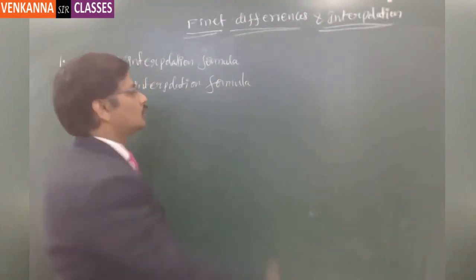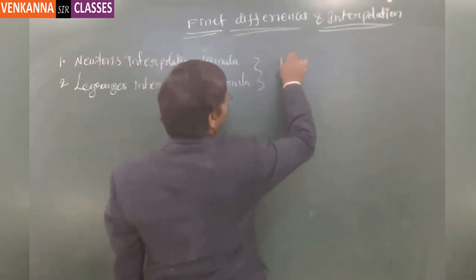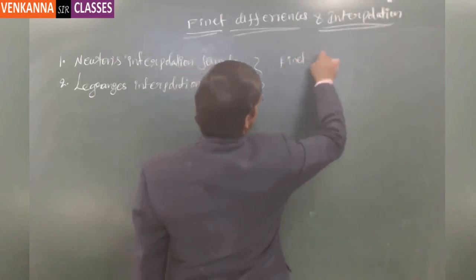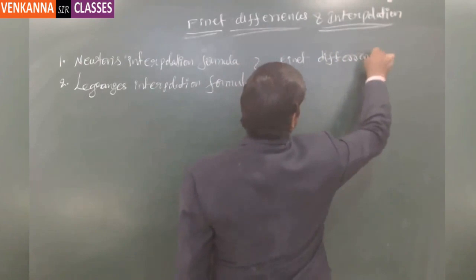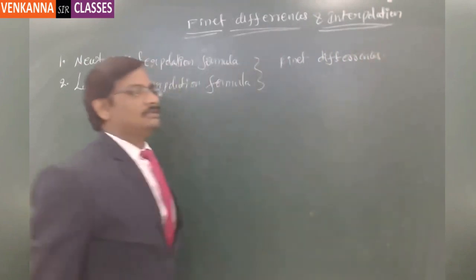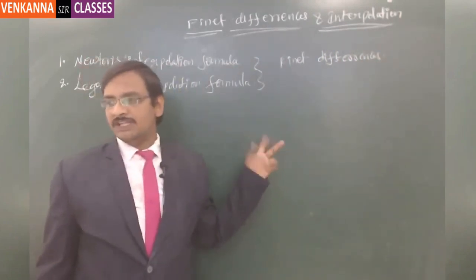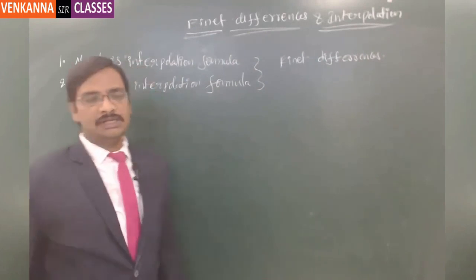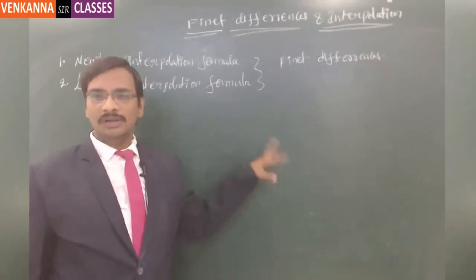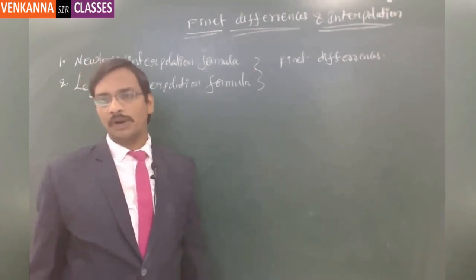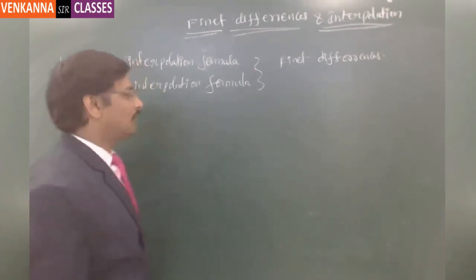But to understand this, you need to understand finite differences. Now these finite differences are essentially the difference between two different points. That is, for a set of given data, if you are able to find the differences between consecutive points, that's what we call finite differences.